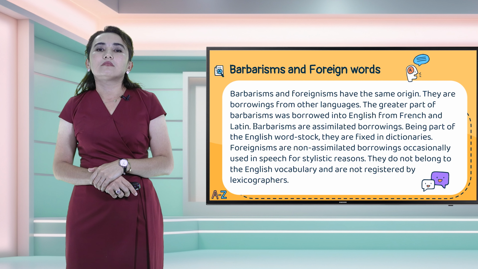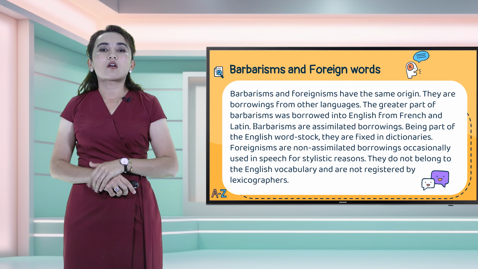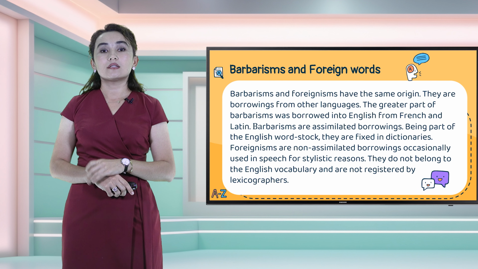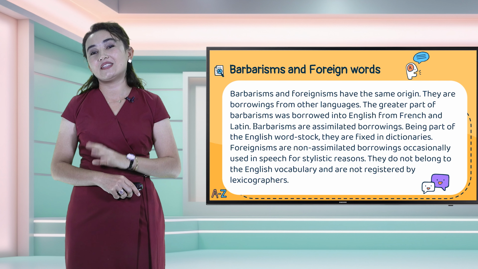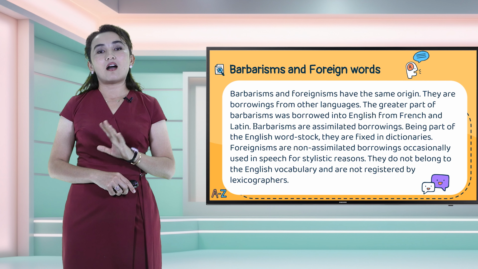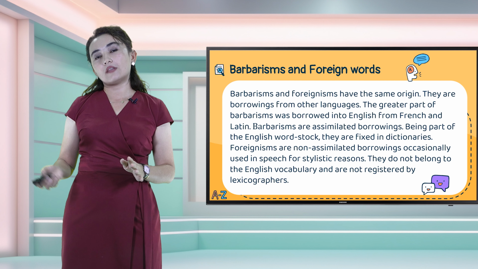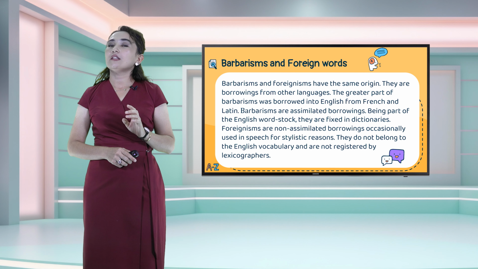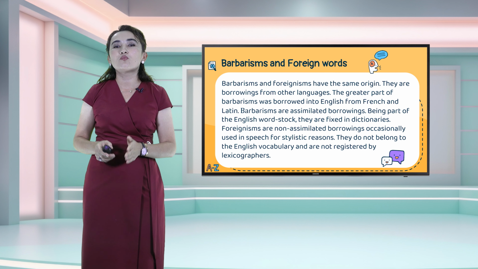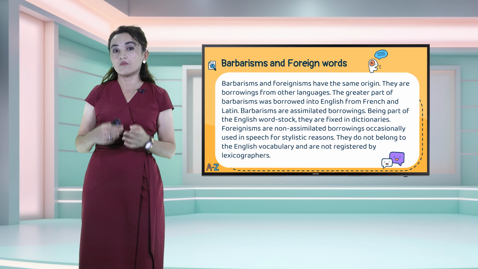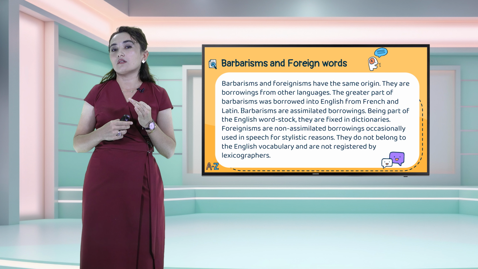What kinds of words are called barbarisms and foreign words? Yes, barbarisms and foreignisms have the same origin. They are borrowings from other languages. Especially in the English language, the greater part of barbarisms was borrowed into English from French and Latin as well.